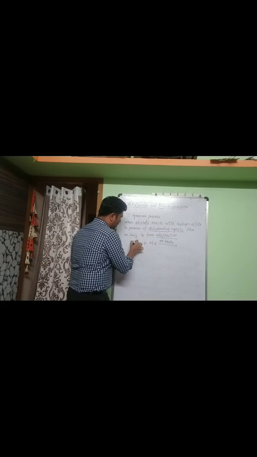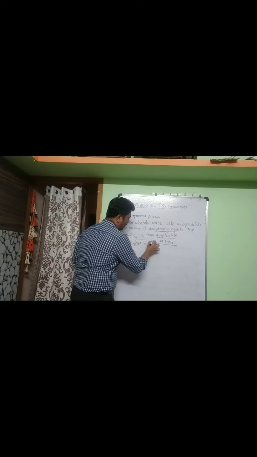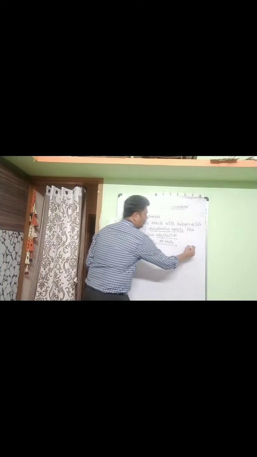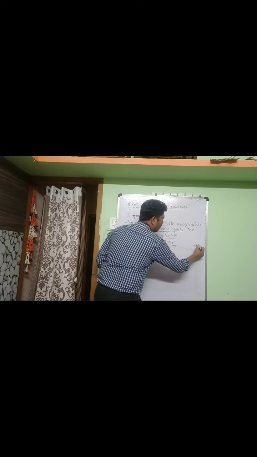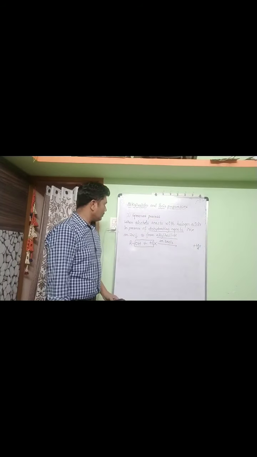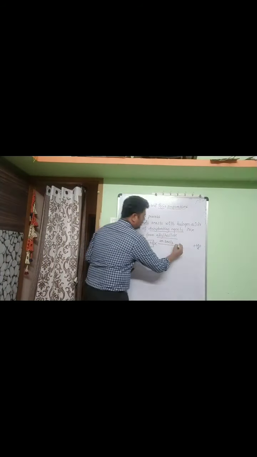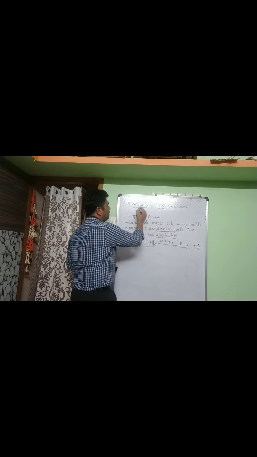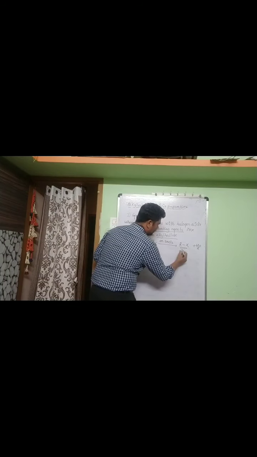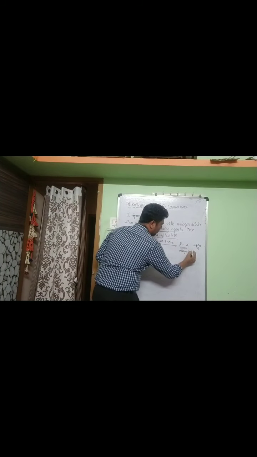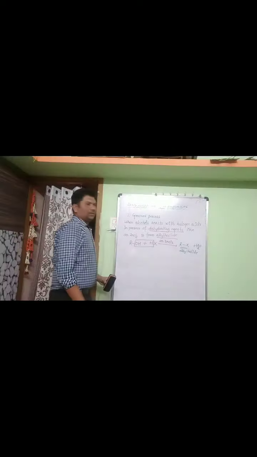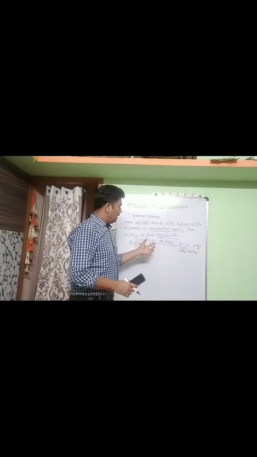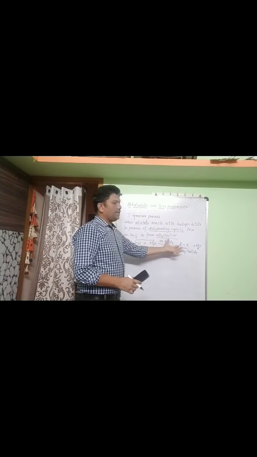Water molecule means OH from alcohol and H from halogen acid combine to form a water molecule. So I'll write water molecule here, H2O. And the remaining is RX. So this RX is nothing but your alkyl halide. I hope it is clear. This is the general statement of the Gross process, and this one is the general representation reaction.